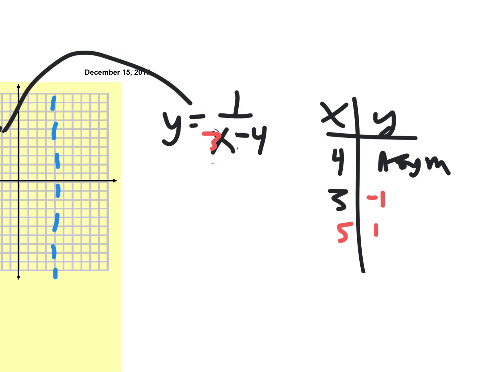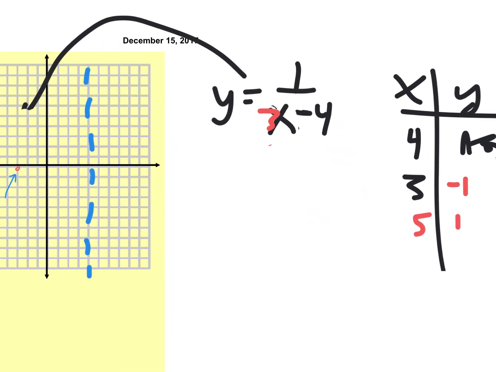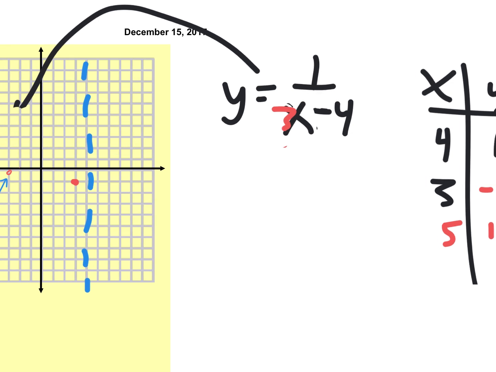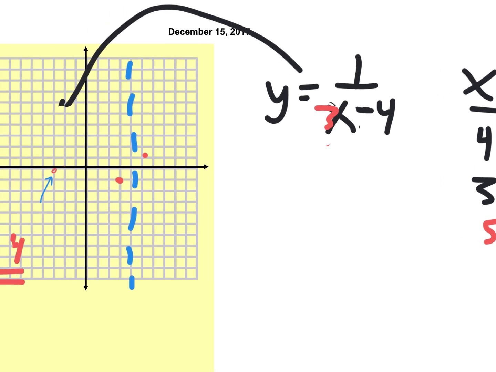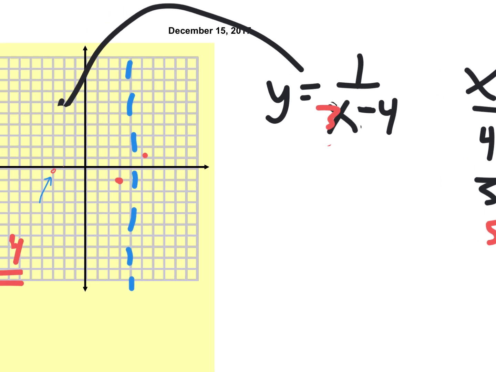And then you get a few more points, and pretty soon you start realizing, boy, it'd be nice if I had the vertical and the horizontal asymptote. I can see where the horizontal asymptote is, just based on where all those points are. Things like to go near the asymptote.